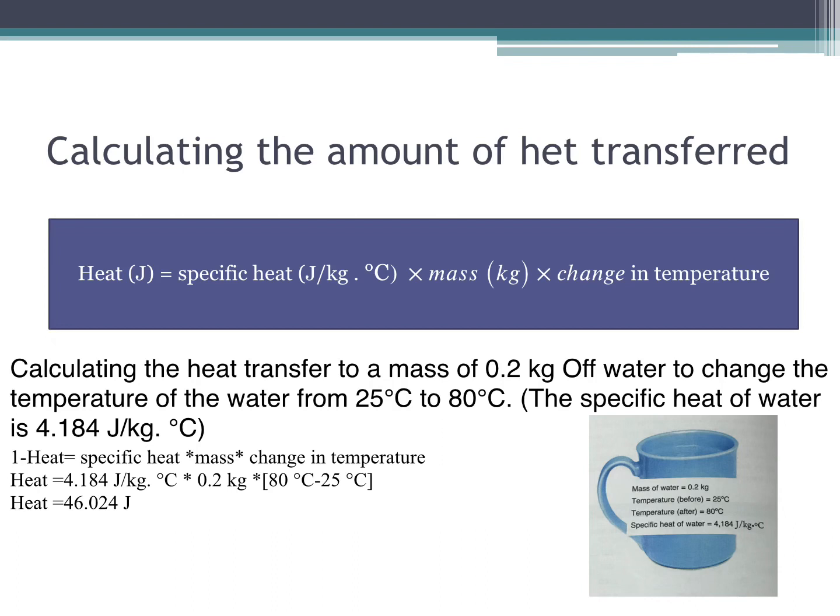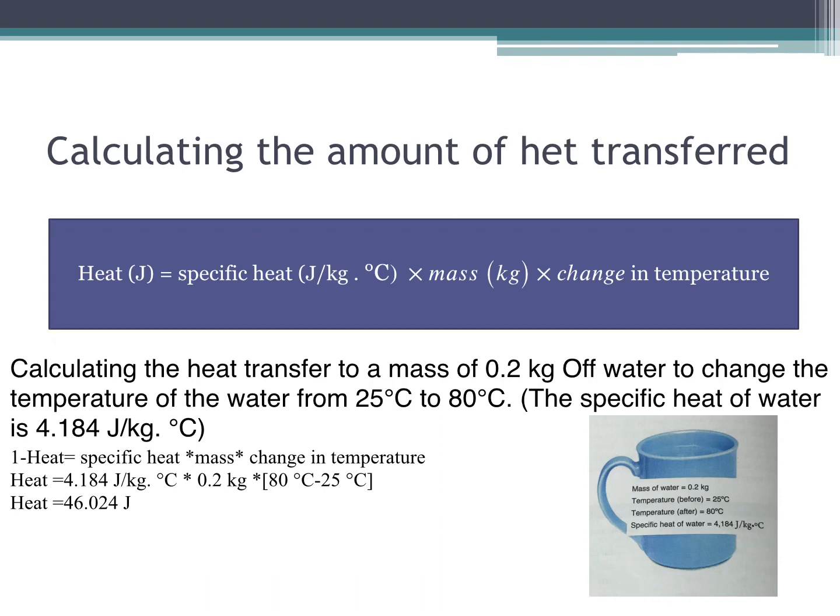The question says, calculate the heat transfer to a mass of 0.2 kilogram of water to change its temperature from 25 degrees Celsius to 80 degrees Celsius, if you know that the specific heat of water is 4.184 joules per kilogram per Celsius.